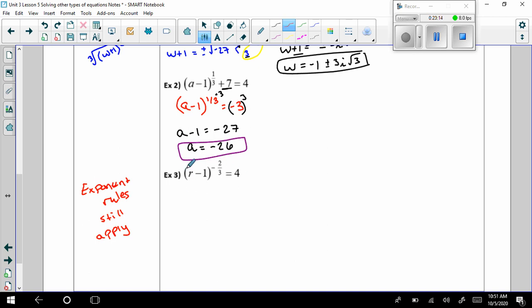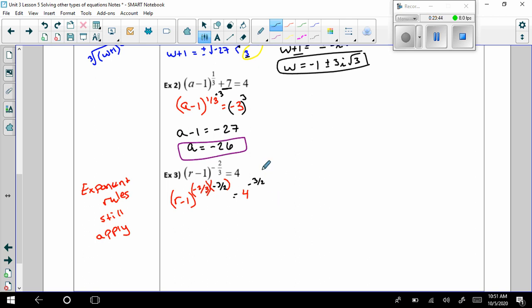So we're going to take both sides, r minus 1 to the -2/3, and we're going to raise it to the -3/2. Well, that means on the other side, we're going to take 4, and we're also going to raise that to the -3/2.